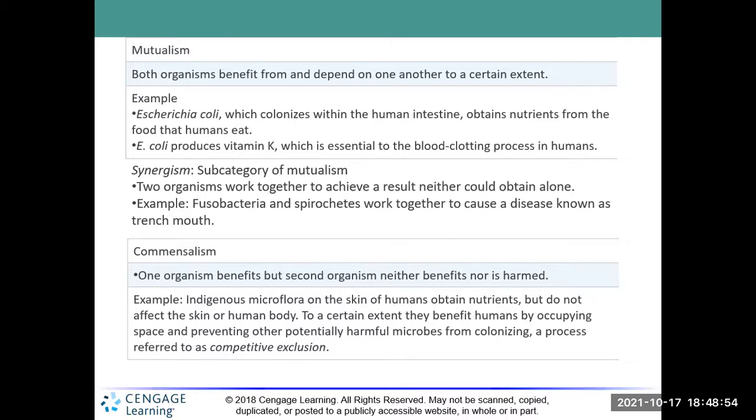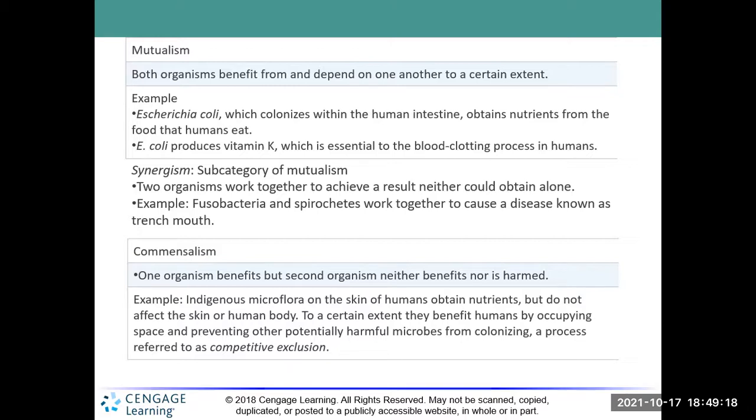Commensalism, this is when one organism benefits, but the second organism neither benefits nor is harmed. So it's not going to be harmed, but it's not going to benefit. An example of this is our normal indigenous microflora on the skin. It obtains nutrients, but it doesn't affect the skin or the human body.